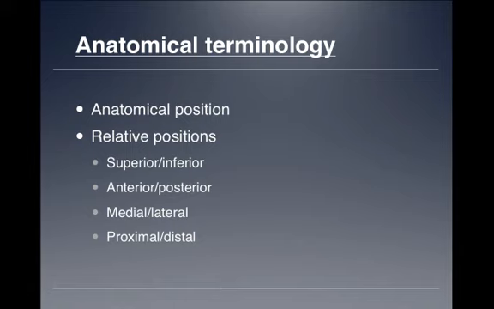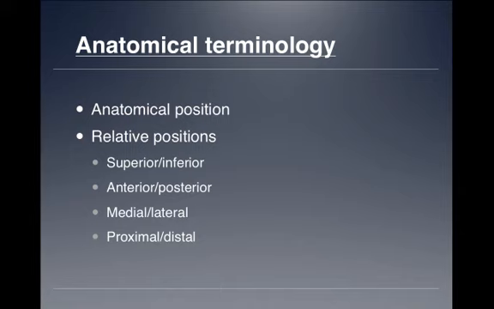And then proximal and distal will be two other common terms. Proximal and distal are usually used with the limbs, and they're going to be used to describe a body part that's either closer to the attachment of the trunk or farther from the attachment of the trunk. So again, we're mainly going to use proximal and distal on your limbs. So if something is more proximal, that means it's closer to the trunk of the body.